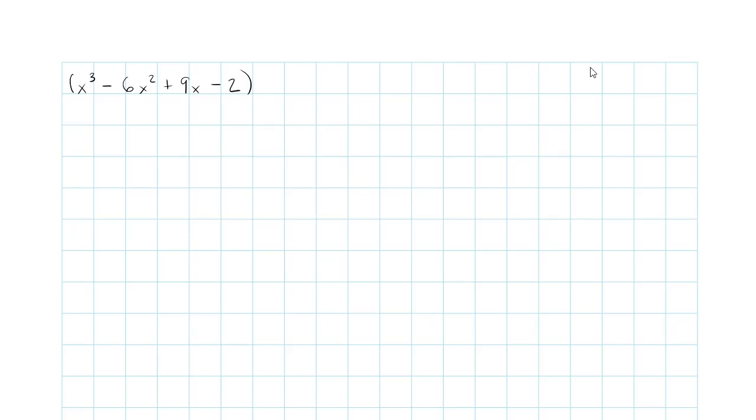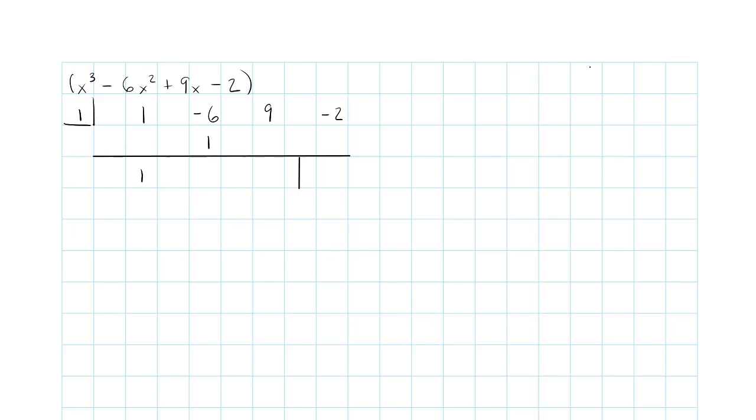I'm just going to copy that polynomial onto the next page. And then we're going to use synthetic division for our trial and error. So I'm going to try 1 first. And my coefficients are 1, -6, 9, and -2. So copy the 1.